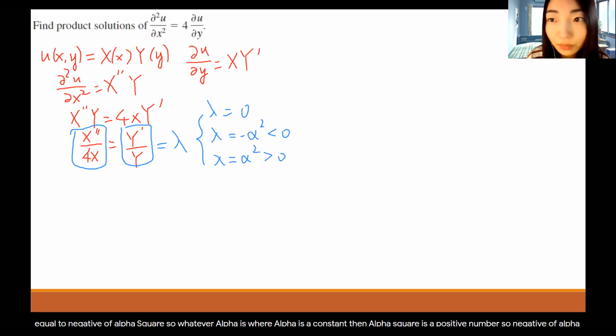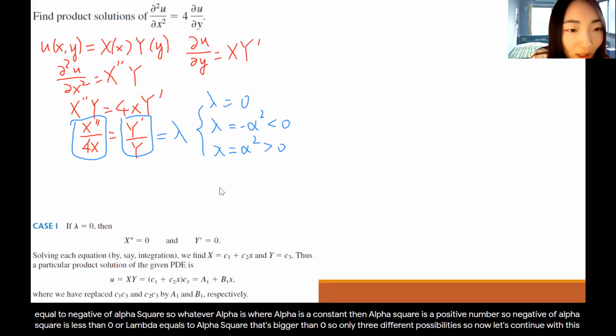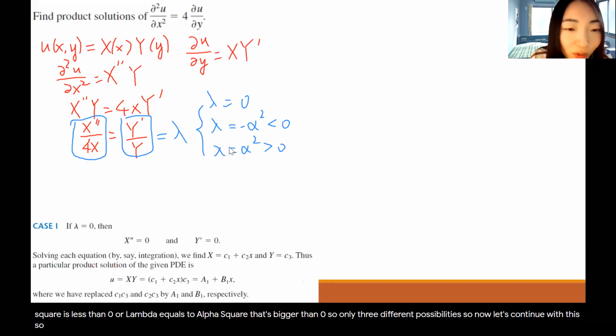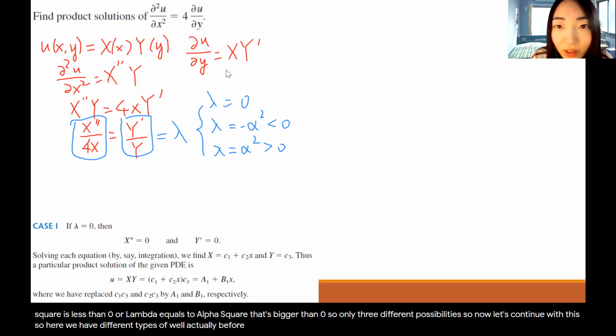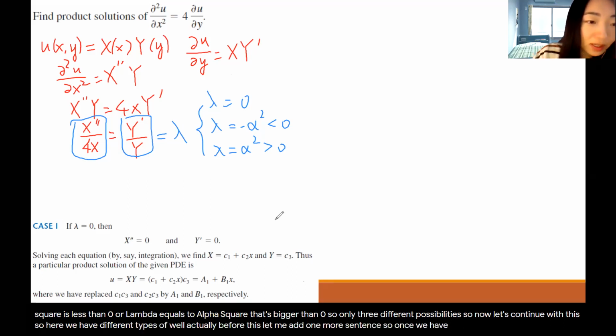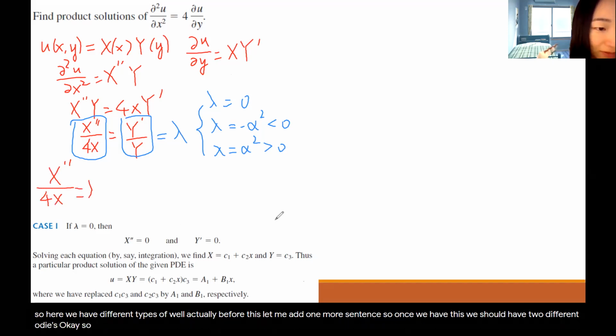All right, so now let's continue. Actually, before this, let me add one more sentence. Once we have this, we should have 2 different ODEs.